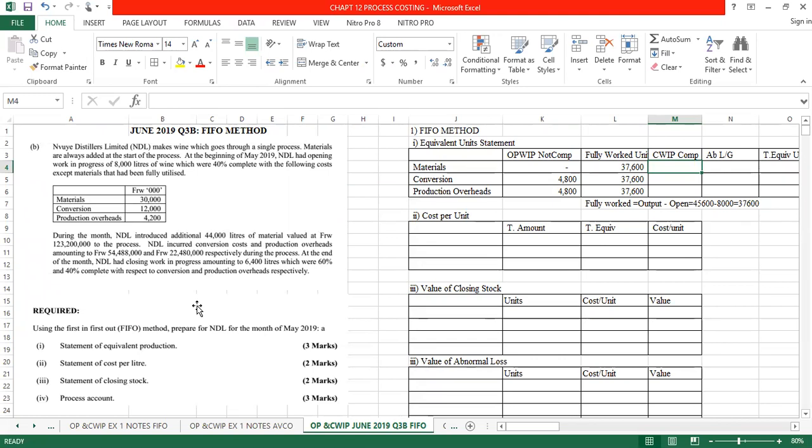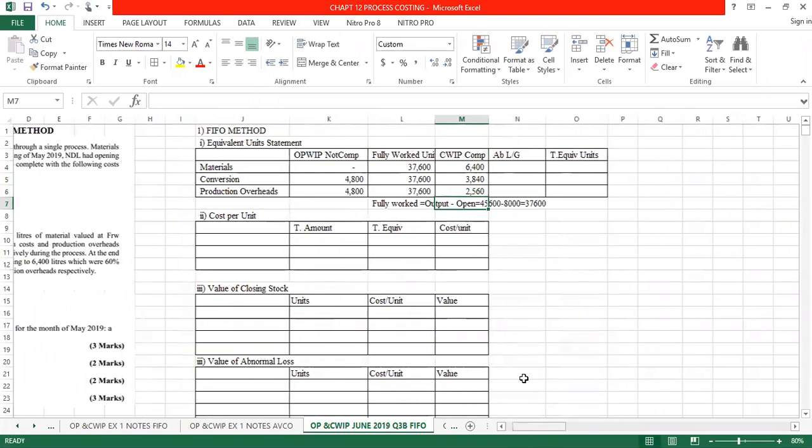So you have not been told materials, so materials is 100%. So it will be 6,400 times 100%, materials complete. And then the other ones are now 60% and 40%: 6,400 times 60% for conversion, and 6,400 times 40%.